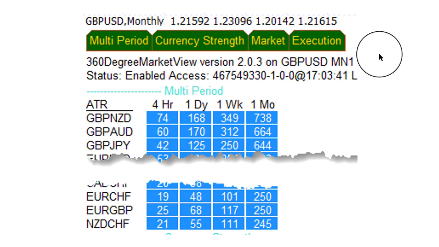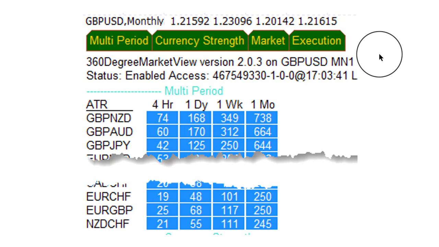On your screen, you can see that in place where, let's take the first item, the pound New Zealand. It varies on average 74 pips, on a daily basis 168, weekly 349, and then on a monthly basis 738.